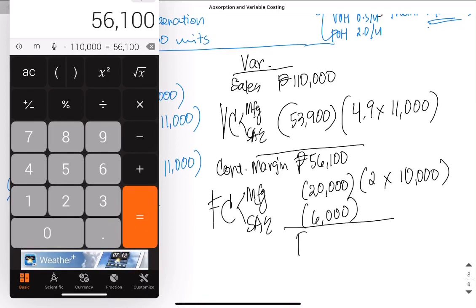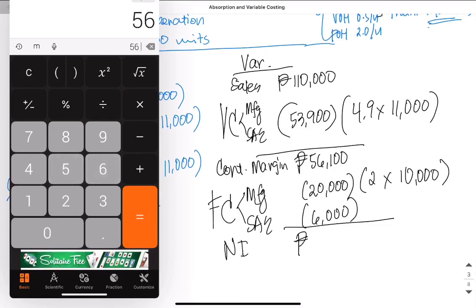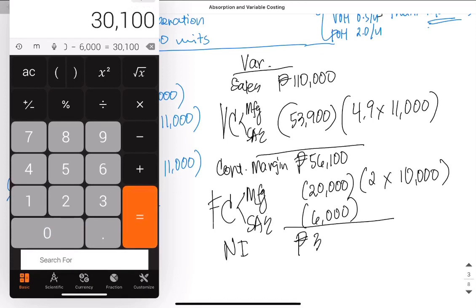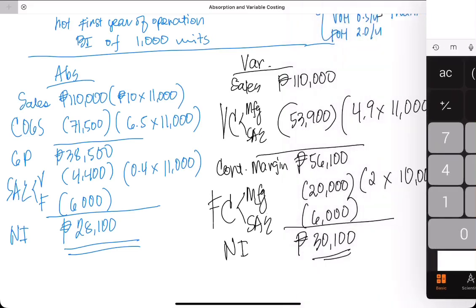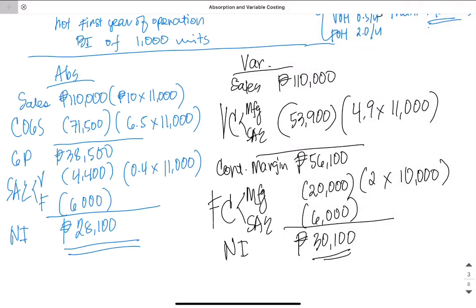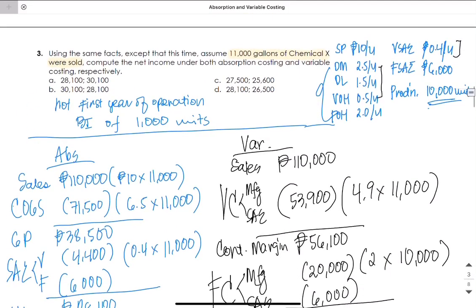So how much is your net income? 56,100 less 20,000 less 6,000, so we have 30,100. As you can see, again, there's a difference because there's a difference in production and sales.